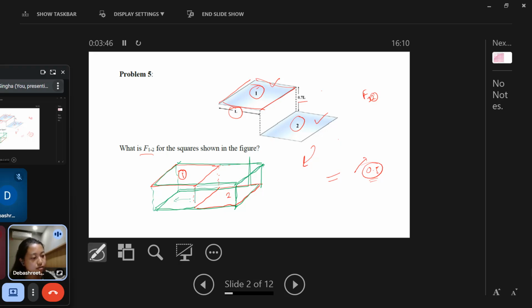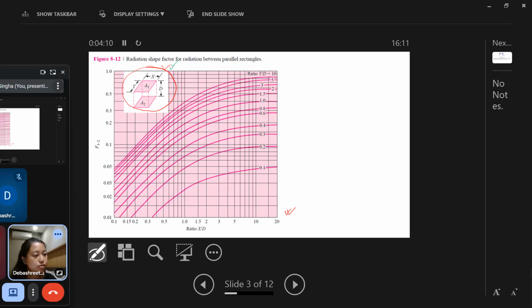So we will name these surfaces. The bottom one is 3, the top one is 4. Then we can mimic this as this one.